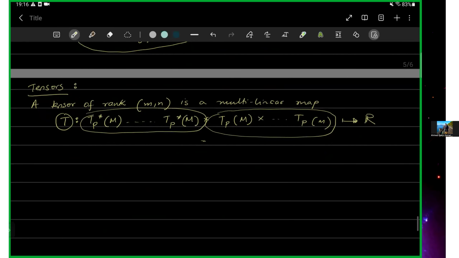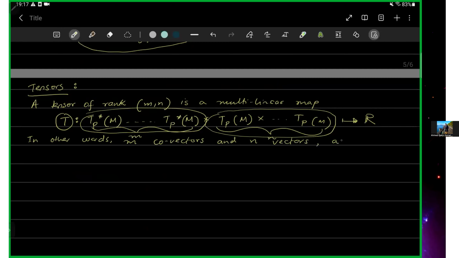Okay, so coming back to tensors, in other words, what it means is that if you have m of these and n of these, and you see that this is a map from the dual tangent space, so that must mean that I have m covectors, because covectors reside in the dual tangent space. And this is a map from the tangent space, so therefore this must be for n vectors, right?